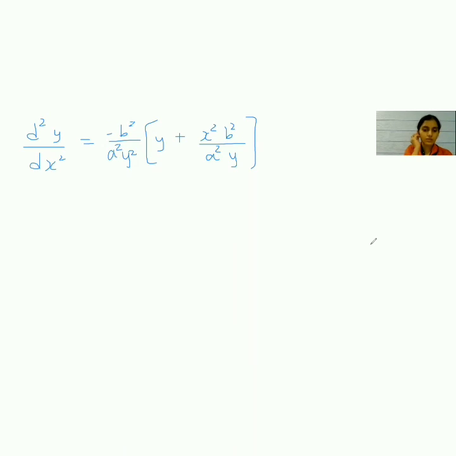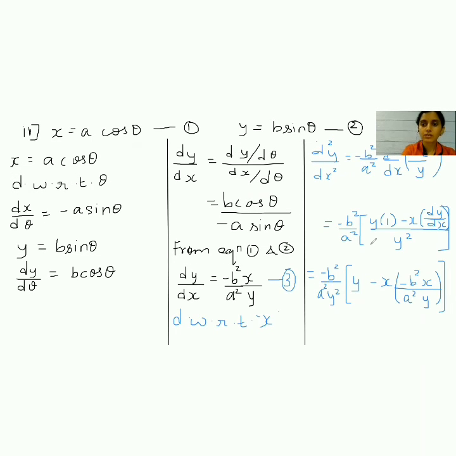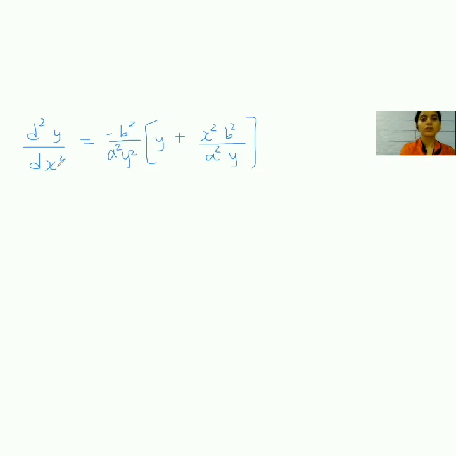One mistake that we've made is the constant term. It's supposed to be b square upon a square; I had written b by a by mistake. So b square upon a square has come here. Now I'll only send the y square term inside.